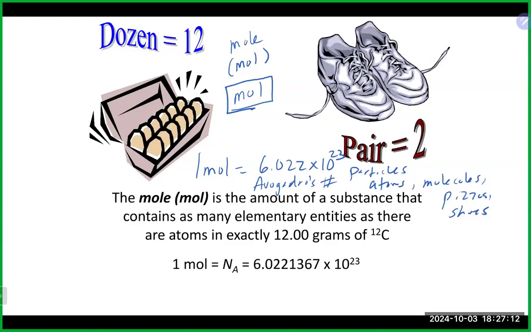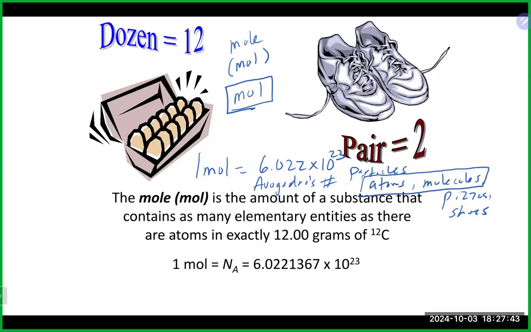Outside of the occasional pizza question, in chemistry atoms and molecules are probably your most common units for Avogadro's number. It changes based on the problem you're doing. A mole represents as many elementary entities as there are in 12 grams of the carbon-12 isotope.